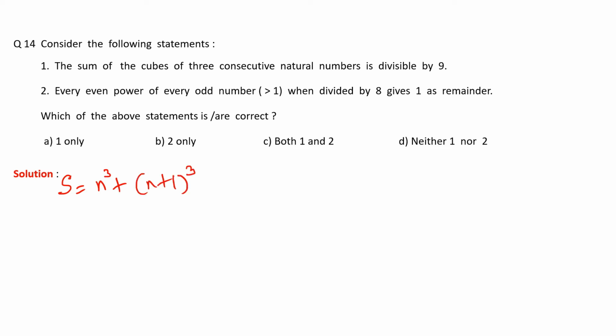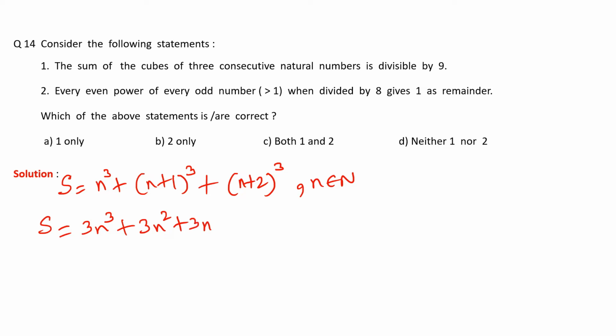It can be written as n cube plus n plus 1 cube plus n plus 2 cube, where n is any natural number. Now when you simplify this, you'll be getting 3n cube, because n cube will come from all the 3 terms, and then 3n square plus 3n plus 1.